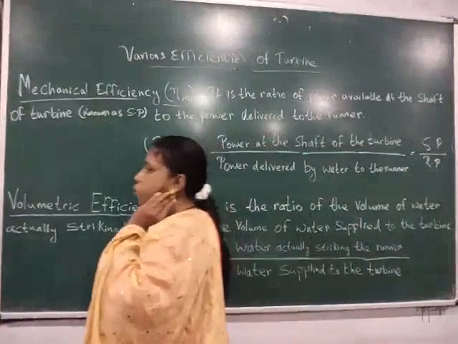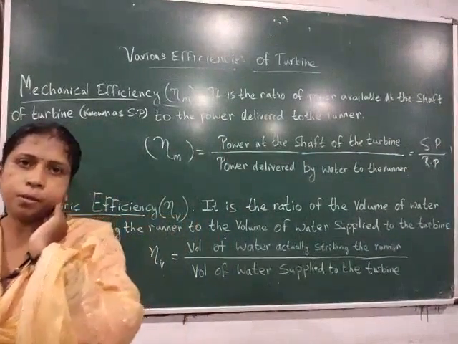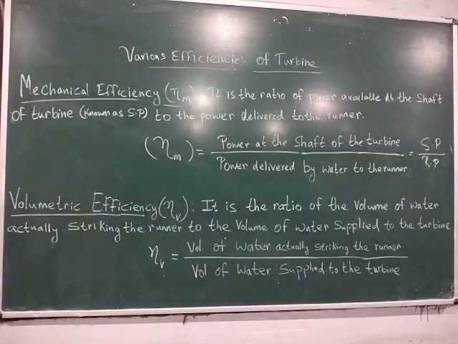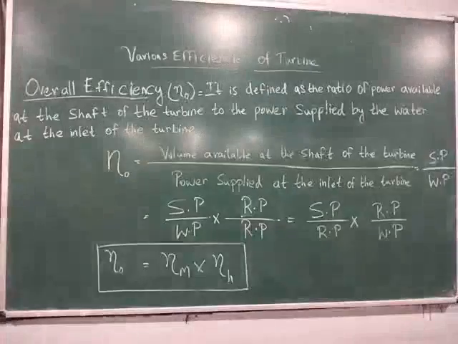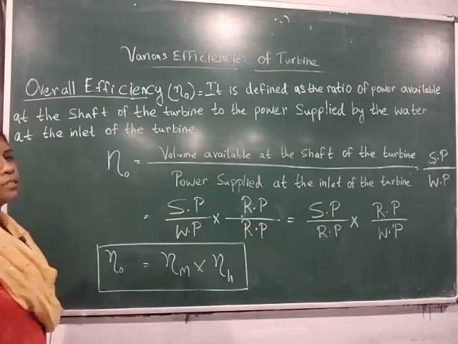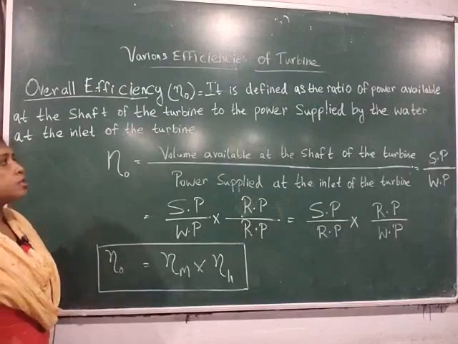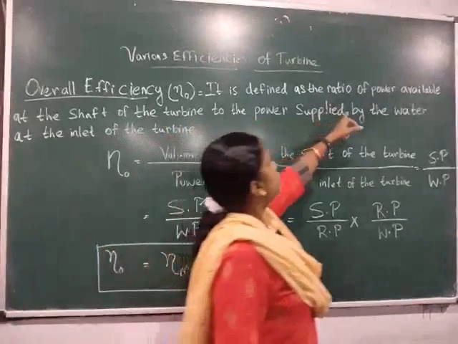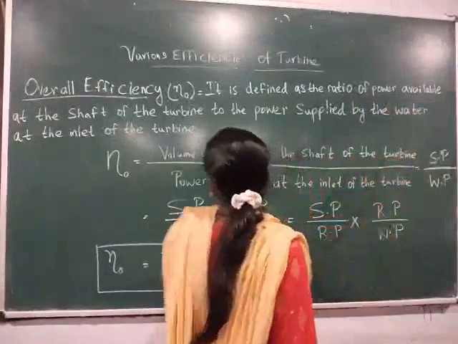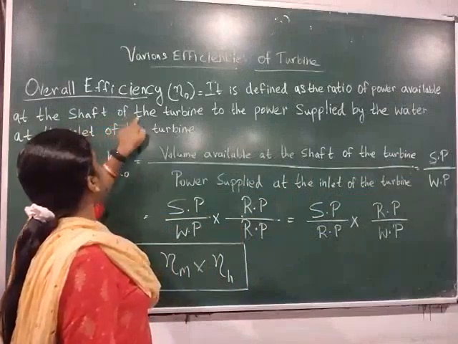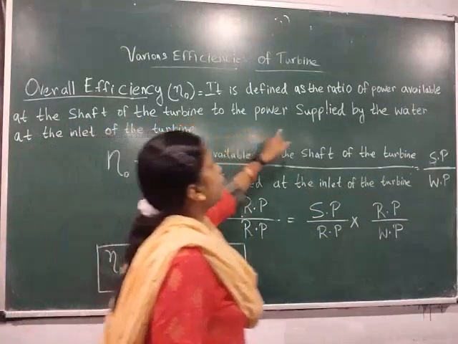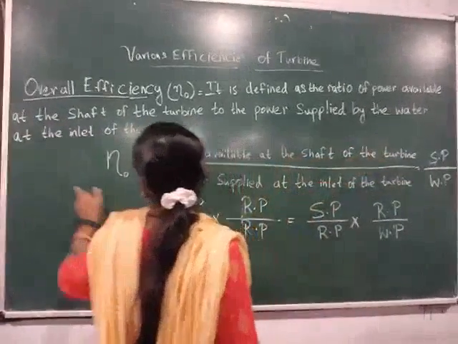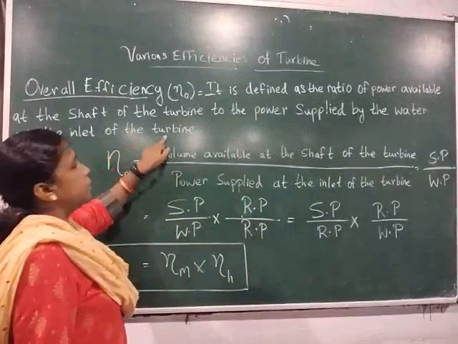Next is our overall efficiency. So what is overall efficiency? It is defined as the ratio of power available at the shaft of the turbine to the power supplied by the water at the inlet of the turbine.